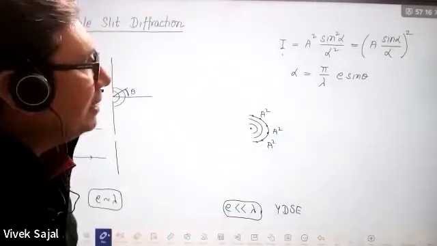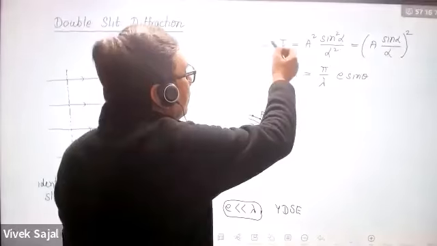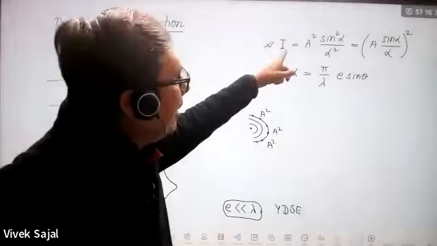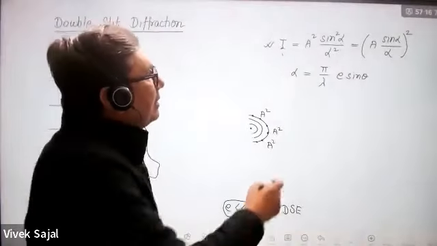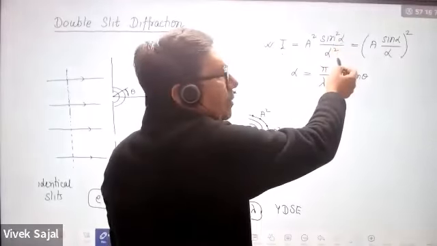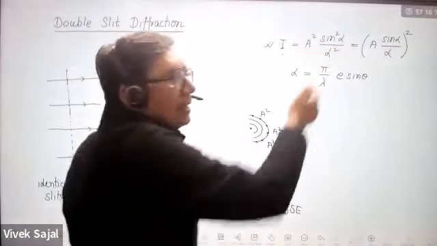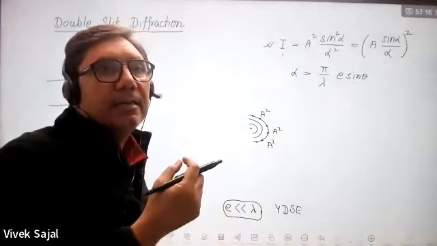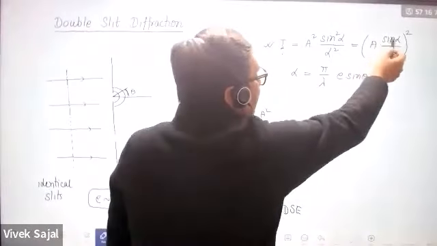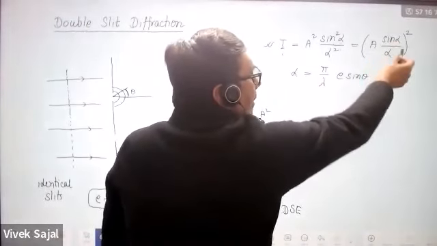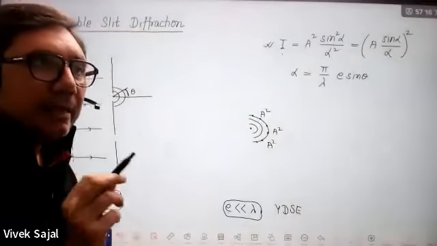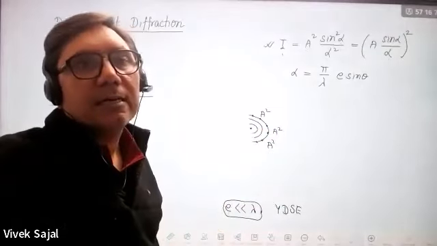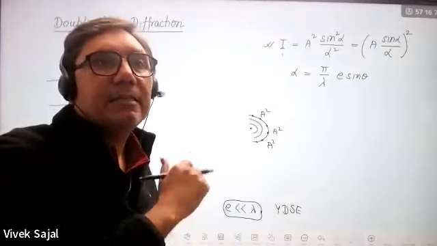How that intensity varies with the angle is given by this formula, which I derived in the single slit diffraction experiment. Intensity was equal to a squared sine squared alpha upon alpha squared, that is, amplitude squared. So the amplitude of the light propagating at an angle theta will be a sine alpha upon alpha, after diffraction taking place at the individual slit.